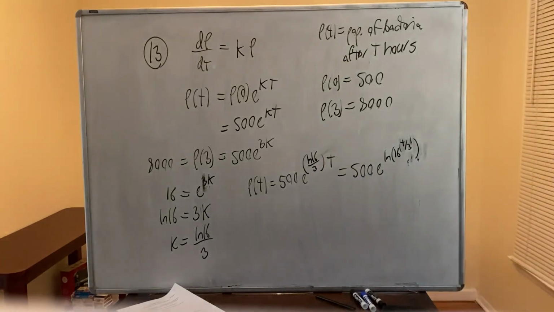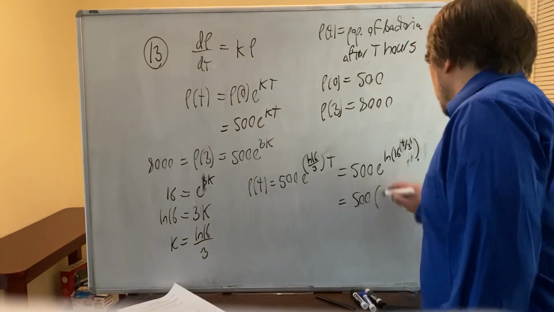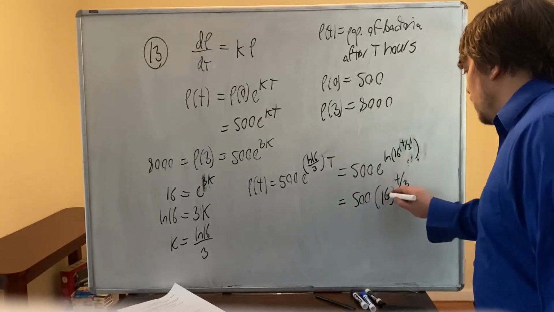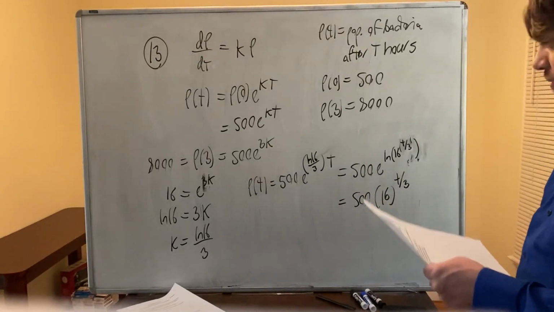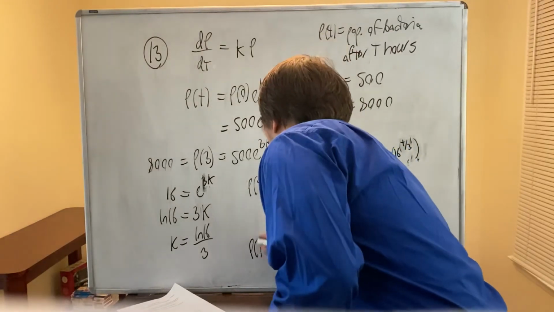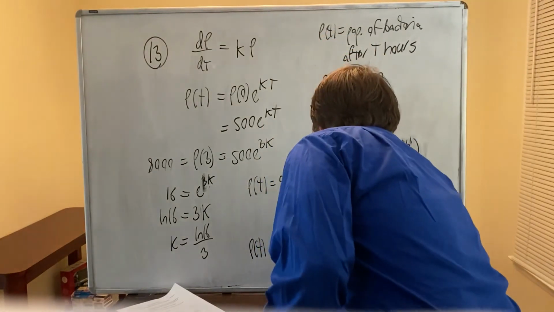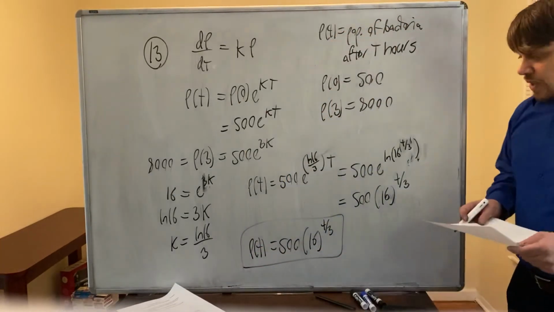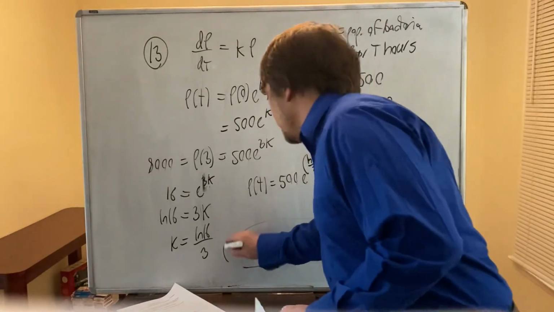Well, then the e and the ln cancel, so you get 500 times 16 to the t over 3. So P of t equals 500 times 16 raised to the t over 3. So that's the population after t hours. That is the population of bacteria after t hours. So that's the answer to part A.